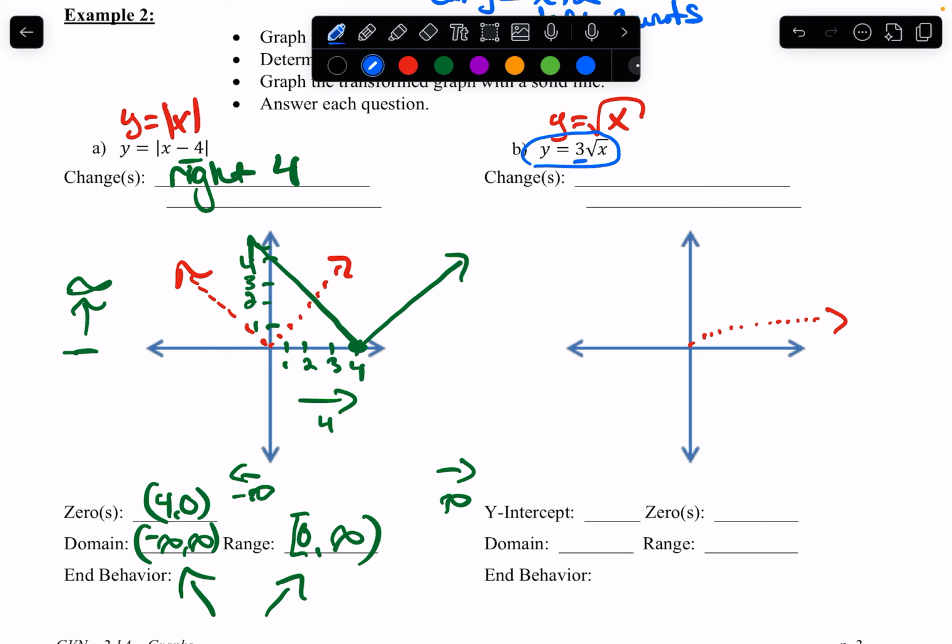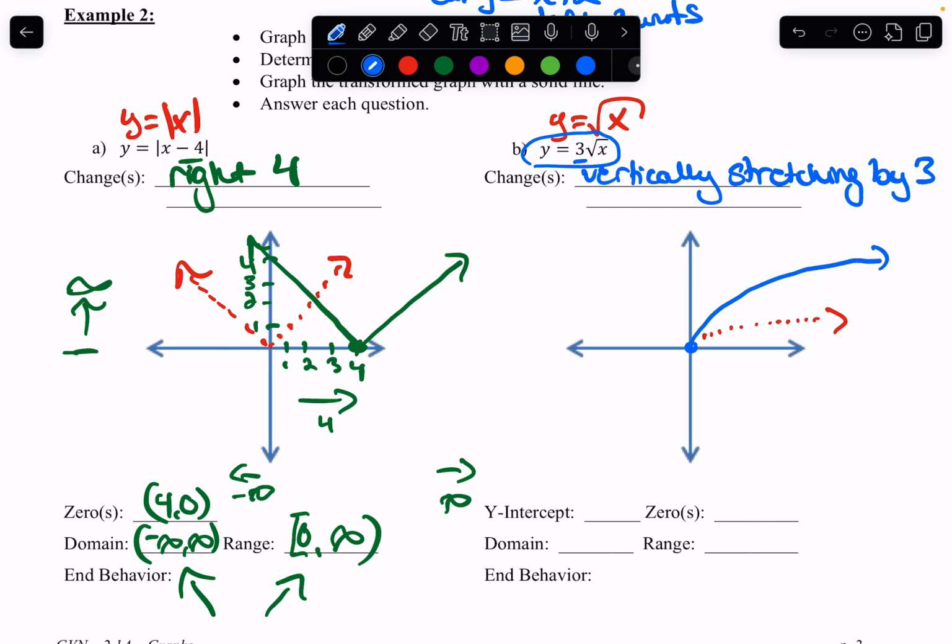So that means that we are vertically stretching by 3. So it still starts from 0, 0. We're just vertically stretching it. So it's going to go up higher.